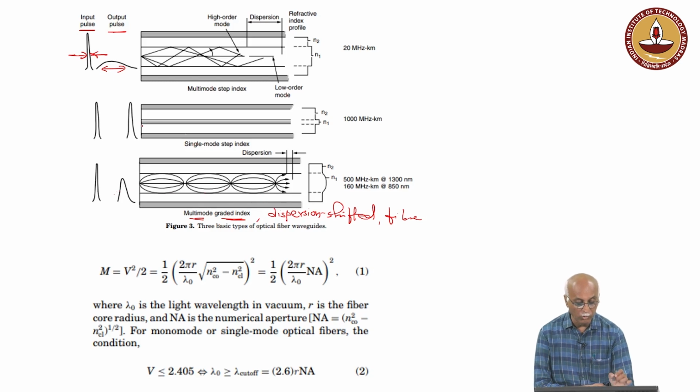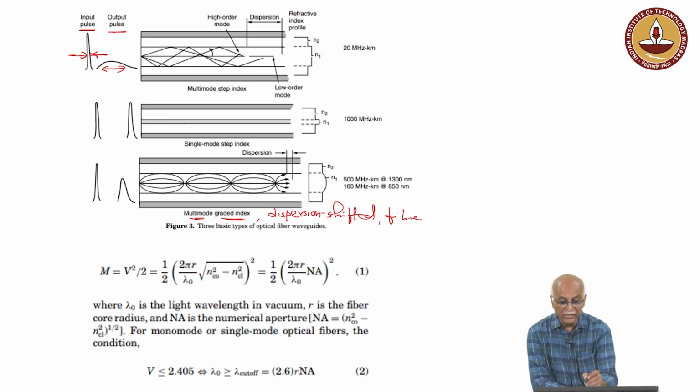If it is a single mode fiber, it will allow only a single mode to travel through, and hence the pulse broadening is minimized; it only depends upon the dispersion coming into picture. And what do these numbers mean?